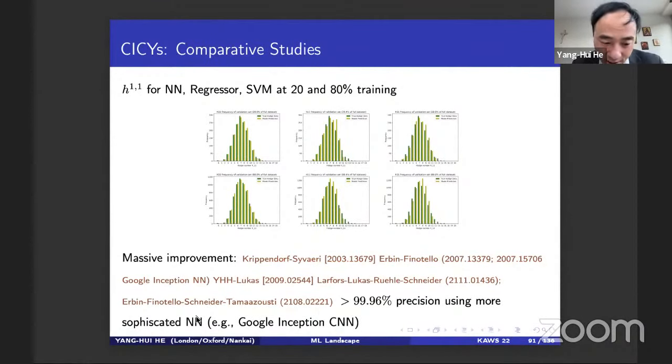I won't bore you with this network structure, it's some big thing; you can read it in their paper. This is what Google actually uses when it's recognizing your handwriting, right? Every time you write on your iPhone or your tablet, it's taking that data. I don't know how comfortable you feel about that, but I'm fine. And these guys are almost getting 100% precision over the entirety of the H11 in prediction of H11s for CICYs.